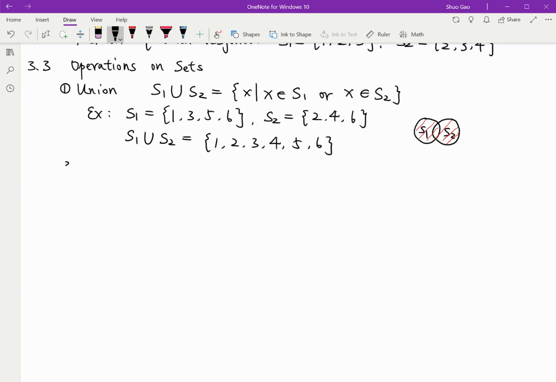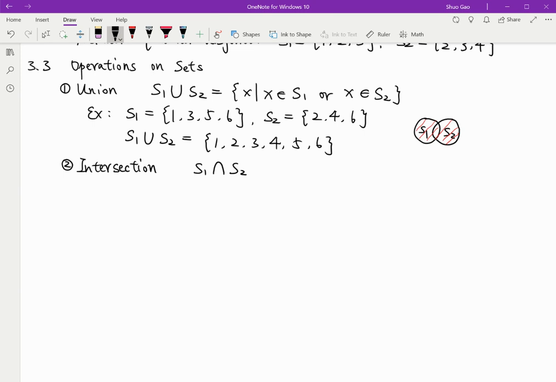And the second one is called intersection. Intersection means S1 intersect S2. So it's the opposite of U, right? It's the U, but open to the down.